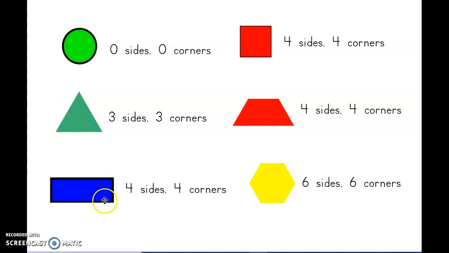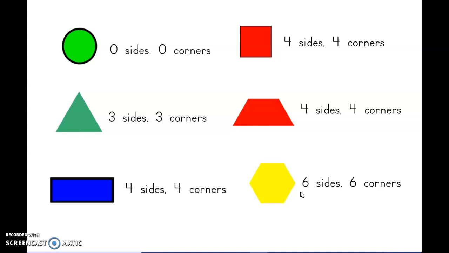Rectangles, four sides and four corners. Same with squares and same with trapezoids. We can see here are the corners where those sides meet. And then here is our hexagon that has six sides and also has six corners. So again, the sides and corners are the way that we identify and classify, sort, group, categorize.